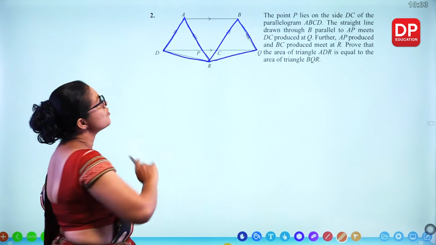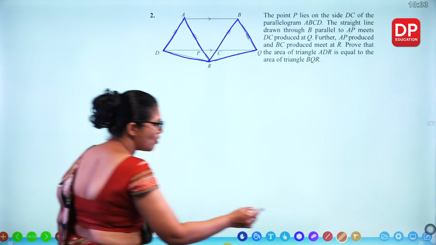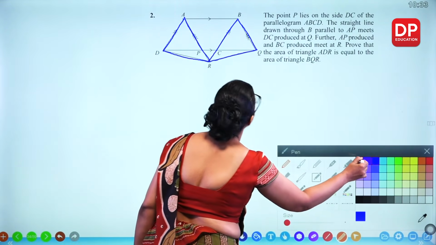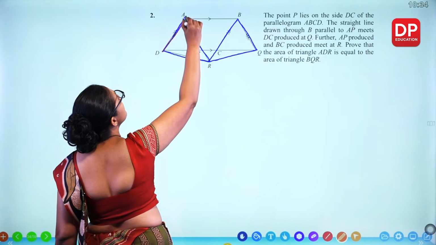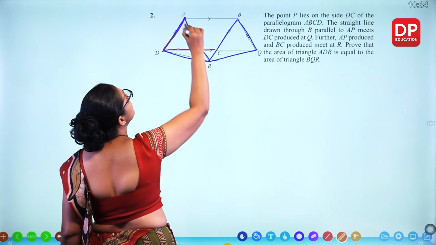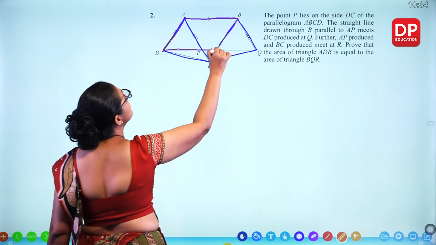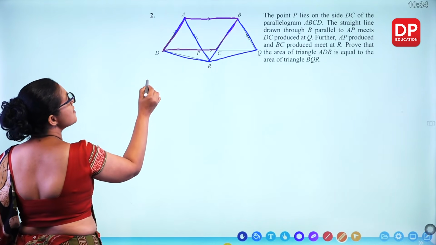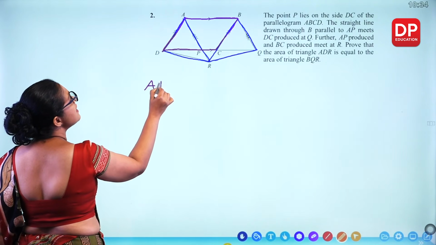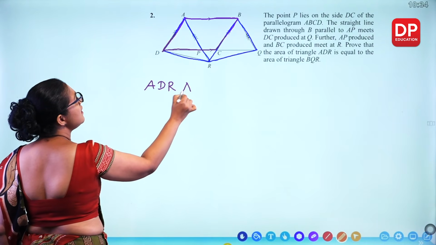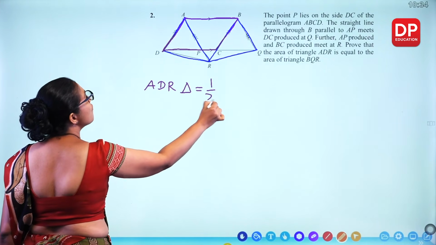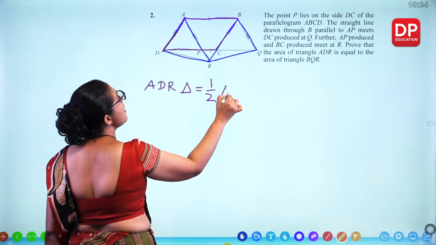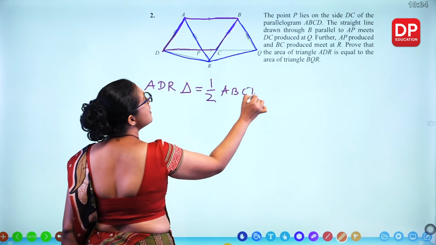When you look at these two triangles, what can you say about this parallelogram and this triangle? We can say straight away ADR triangle is half of ABCD parallelogram.